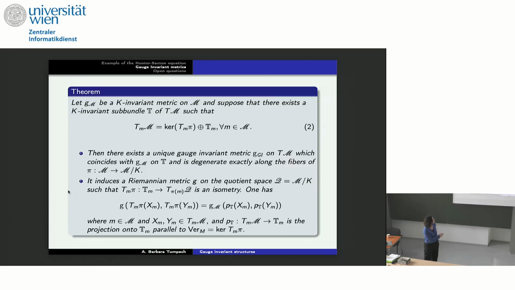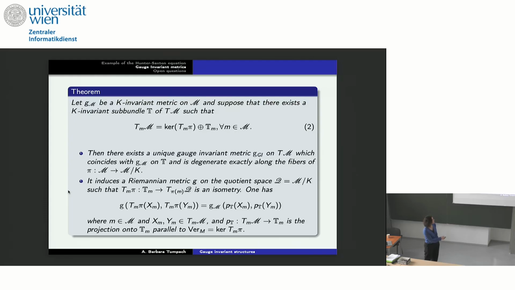And the value of the pairing of these two tangent vectors to the quotient will be given by first projecting on the transversals, so on T, and then pairing these two projections with the Riemannian metric that we have on the total space. So of course, this projection will kill the vertical direction.